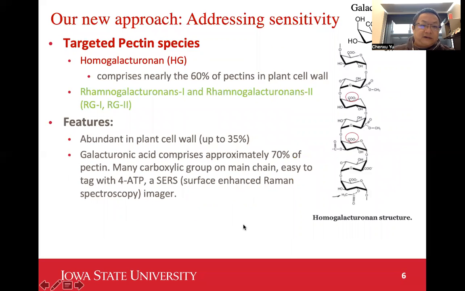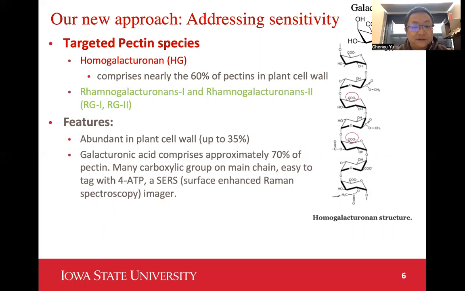As you can see here, the species that we're targeting mainly are the homogalacturonan, HG. This is the main component in most of the pectins that you find in plant cells. And also RG1 and RG2 are the other two species that this tagging technique can work on. These pectins are abundant in plants.